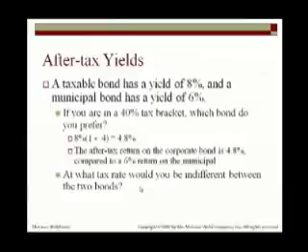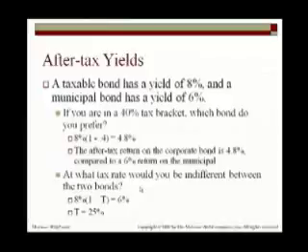You could ask, well, is there a tax rate at which I wouldn't care, at which I would be indifferent between the 8% bond and the 6% bond? Well, up there, if you put a T where that 0.4 is, and instead of 4.8, you set that equal to 6 and solve like this, you will find that if your tax rate is 25%, you wouldn't care.